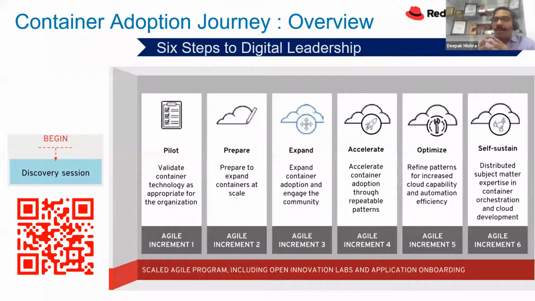But optimize cannot happen by bringing in all new tools, right? This is another myth people have. If I need to start container adoption, I will have to bring everything to my organization and start container adoption, which is again a myth, right?